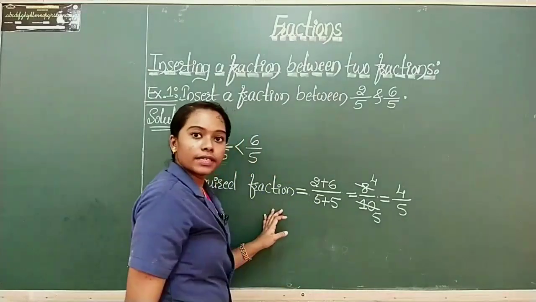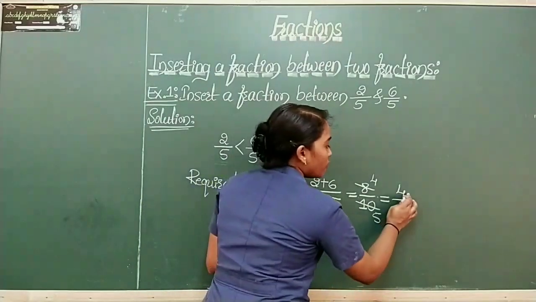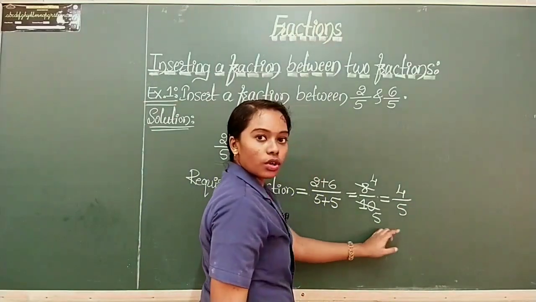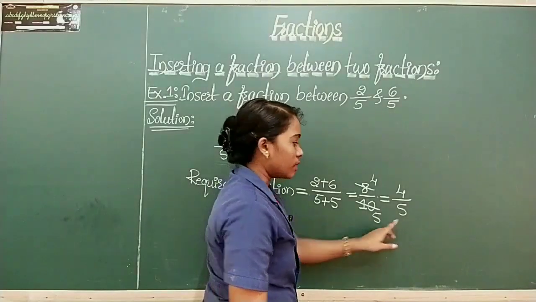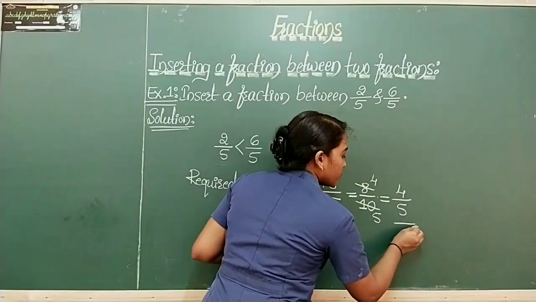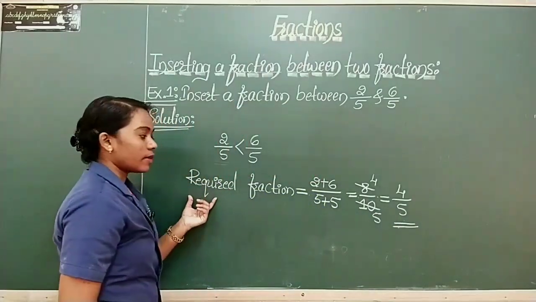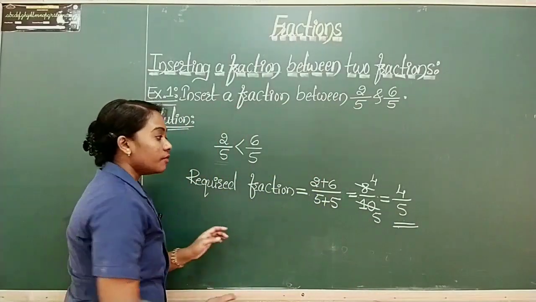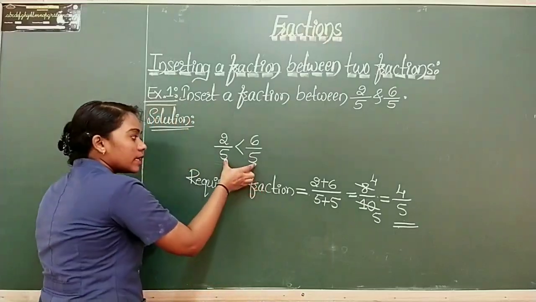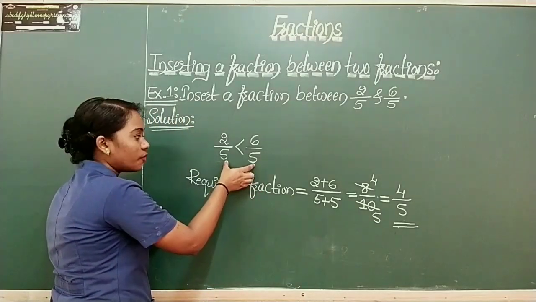Can we further divide it? No, because 4 and 5 are not divisible by the same number. So, stop here. This is our required fraction which we have to insert in between these two fractions.